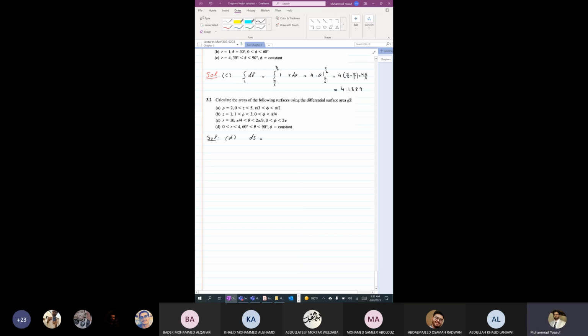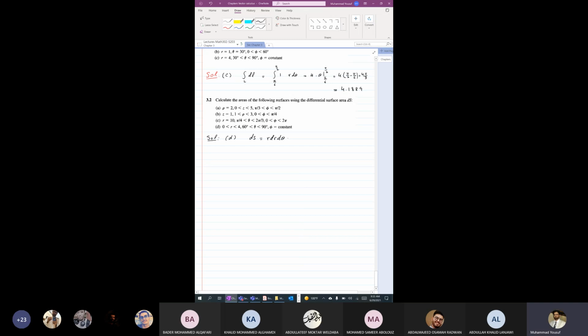So where is the d phi? That part of ds will be 0. So the only part we will use is the one with the dr and d theta, and that is r dr d theta.